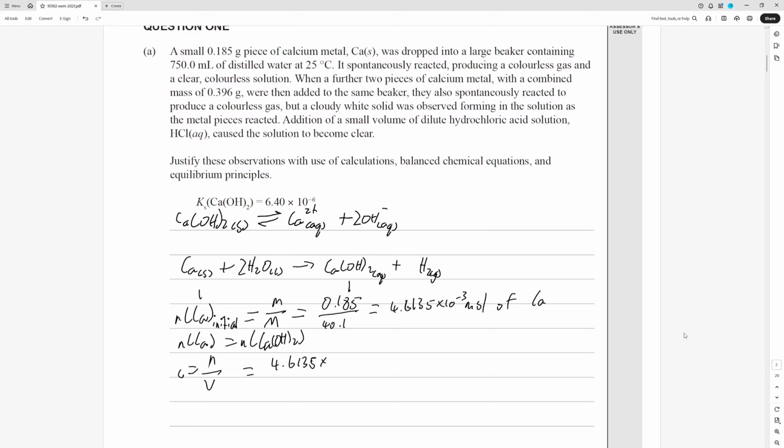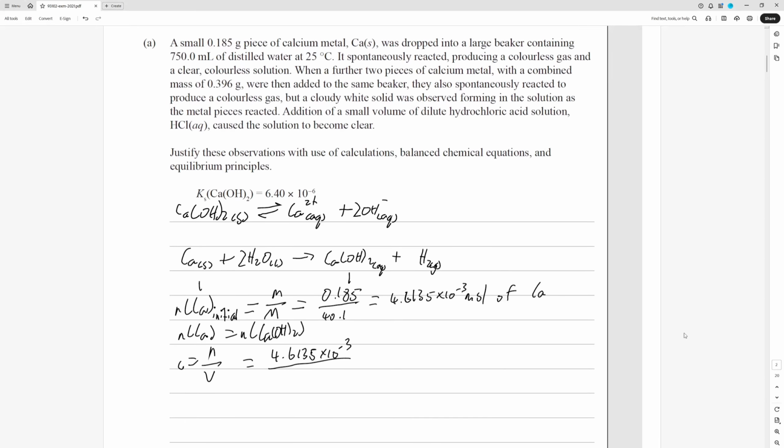Now, just keep in mind the volume is given in milliliters, so this needs to be converted to standard units, which in chemistry is dm cubed or liters. So in this case, it's times 10 to the power of negative 3, so 0.75. That gives us a value of 6.151 times 10 to the power of negative 3 moles per liter.